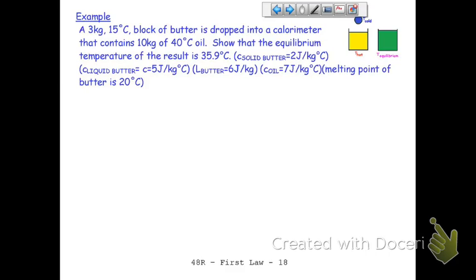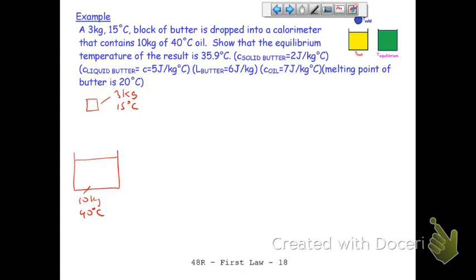What difference does that make? So I have a 3 kilogram block of butter at 15 degrees C, and it's dropped into a 10 kilogram, 40 degrees C vat of oil.